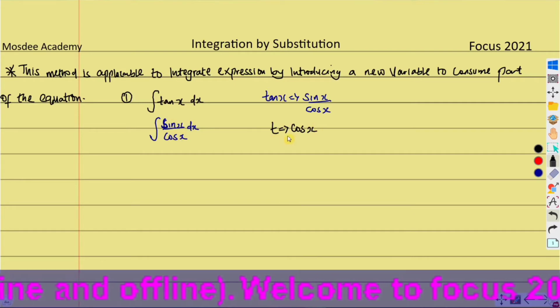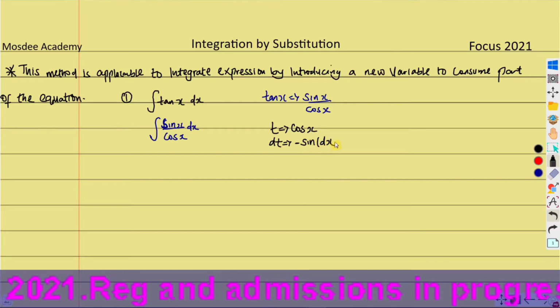So after introducing the variable, we are now going to put in the differential part of the variable. We differentiate t with respect to x, and say dt equals, whenever we differentiate cos x, everybody knows we are going to get minus sin x, then you have your dx. What have I done here for those who are just joining us?